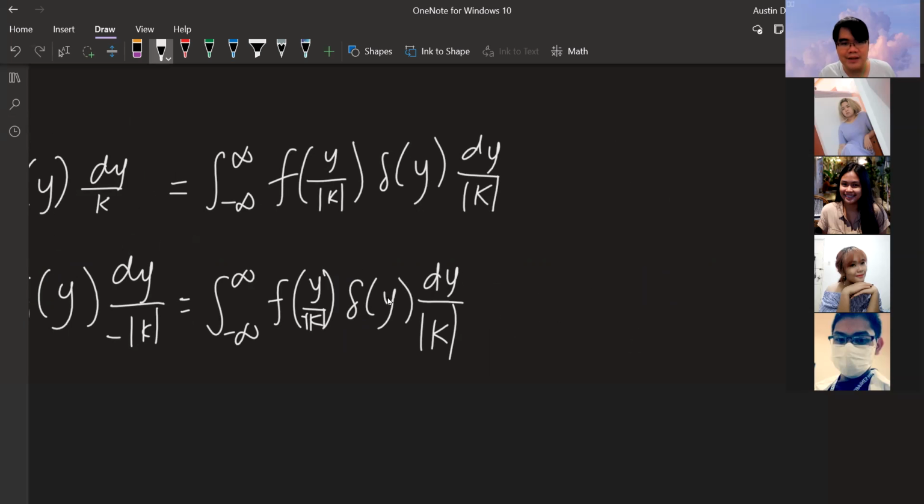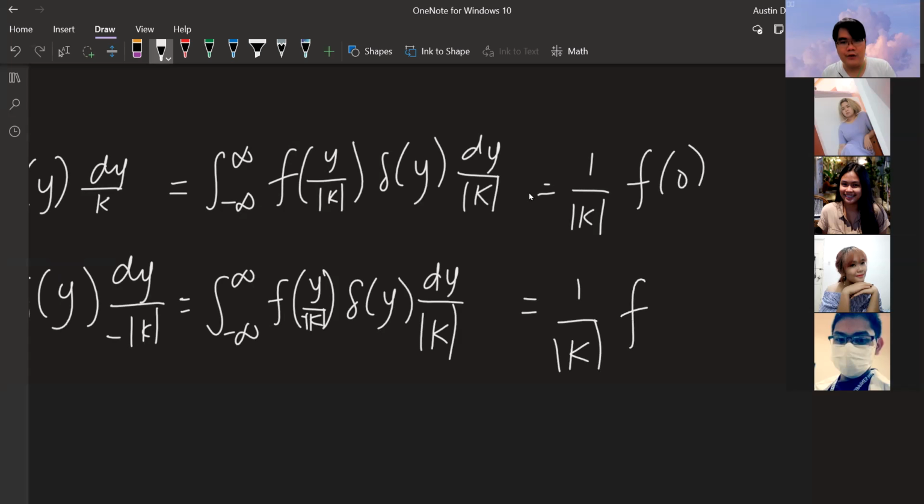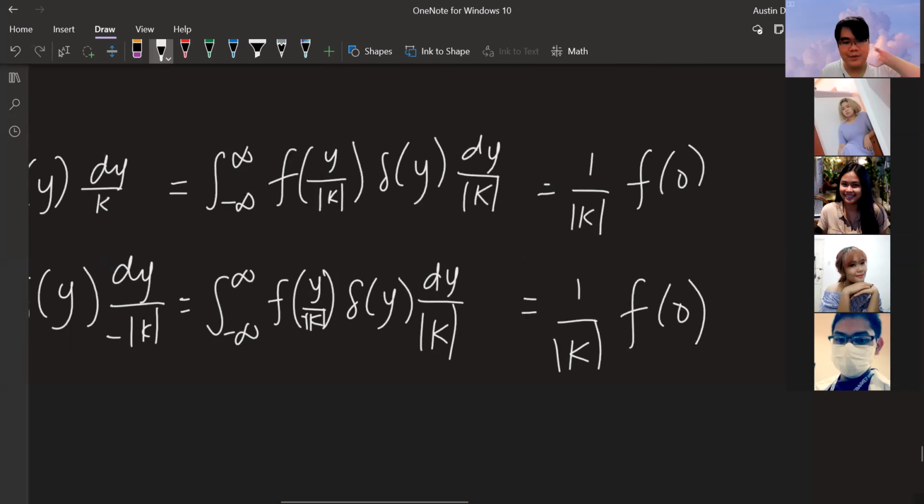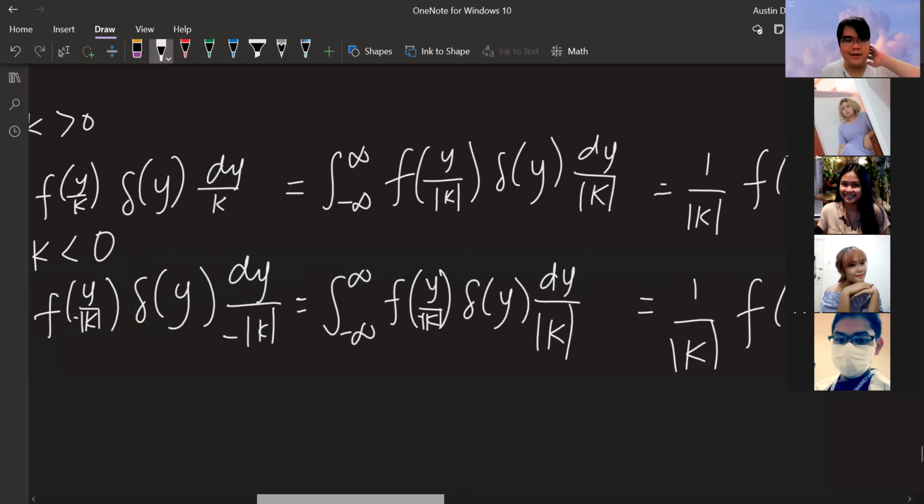Wala nang constants katabi si y ngayon. And si dy natin dadaanan si 0. And we have something like 1 over k f of 0. Kasi, di ba, ganun lang naman power ng Dirac delta natin. Since hindi naman shifted, so ang point niya pa rin is sa 0 sa kung saan siya magkakaroon ng value. Okay.